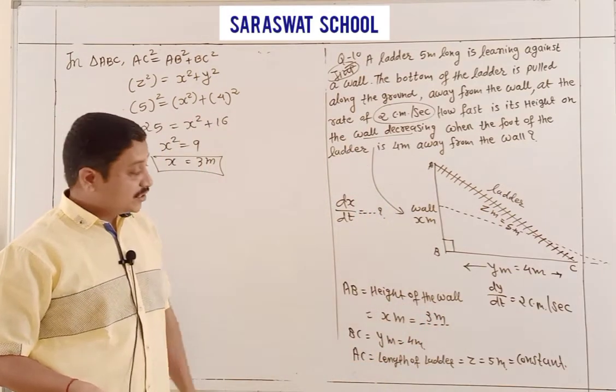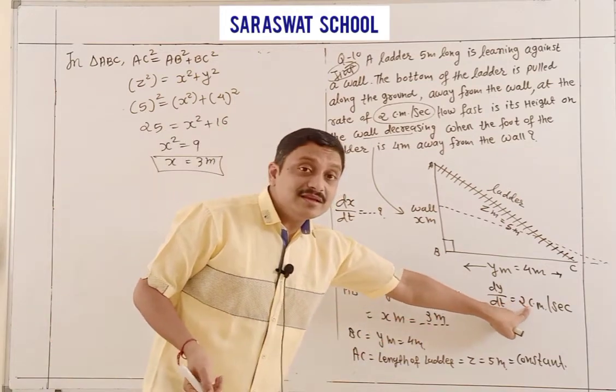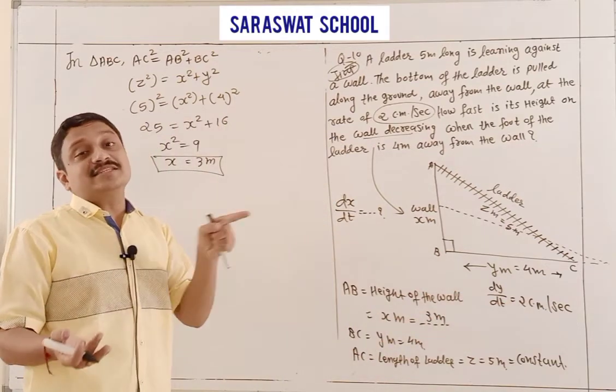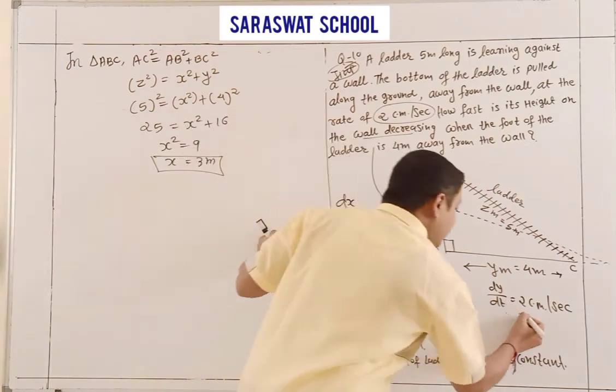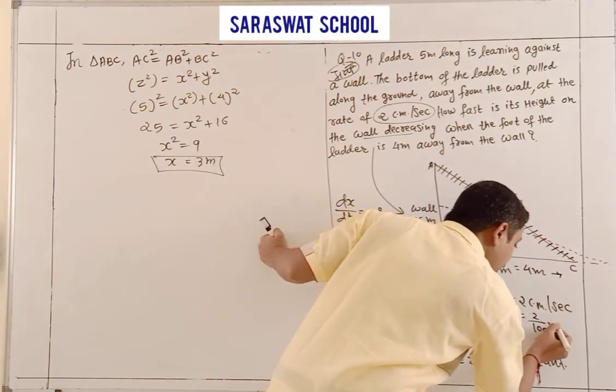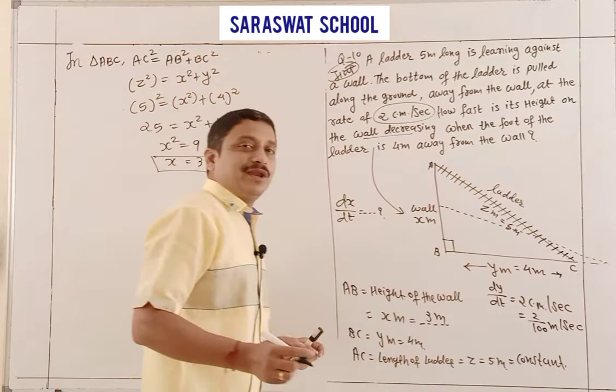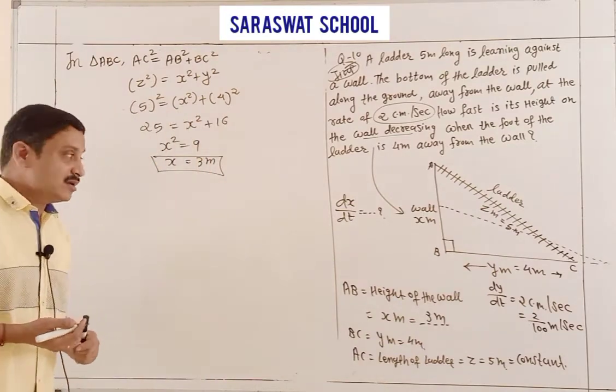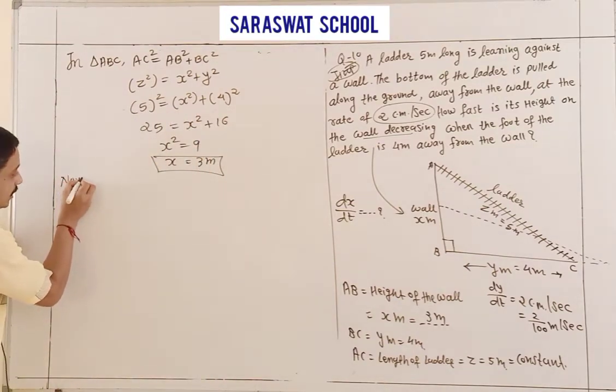Now this is in meter, and that is in centimeter, so change centimeter to meter. Here I take 2 by 100 meter per second, and overall I calculate the numerical in meter. Now this is the main point.